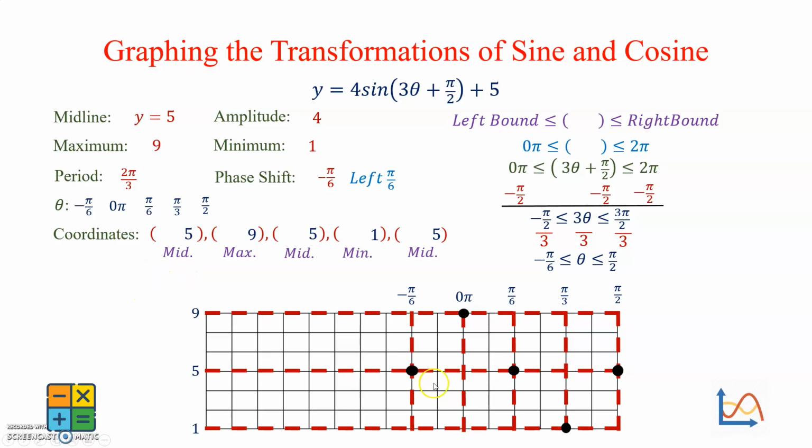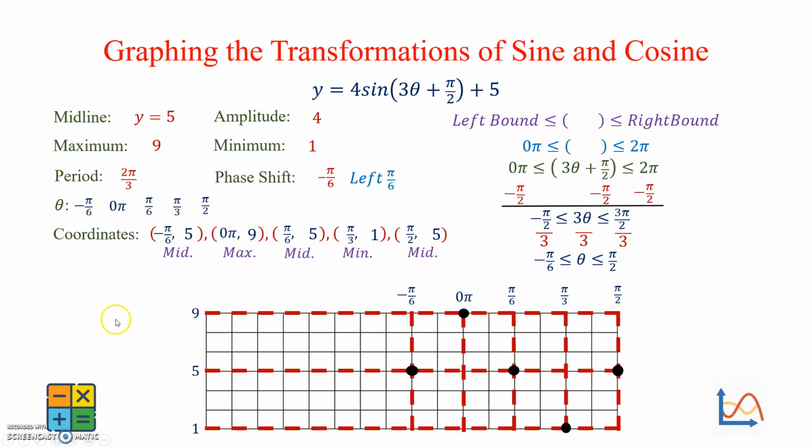Well, the midline right here is at negative pi over 6. The next maximum is at 0 pi. The next mid is at pi over 6. The min is at pi over 3. And the mid back is pi over 2. So we have all the 5 coordinates.